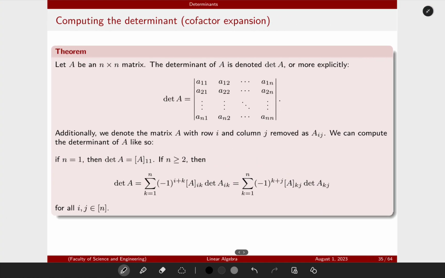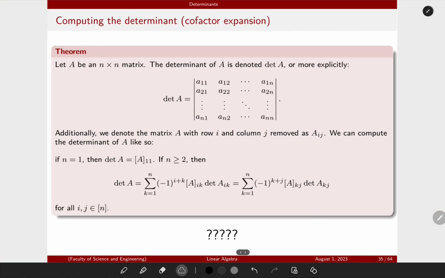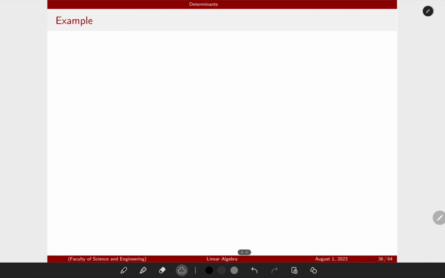The determinant of A is this sum with alternating signs of entries of A multiplied by the determinant of A with row i and column k removed, and this is the same as removing row k and column j. So, what is this? It is much easier to see an example where this is computed than to go through and explain where this formula comes from, so I will just do that.